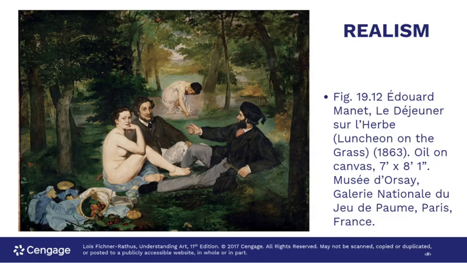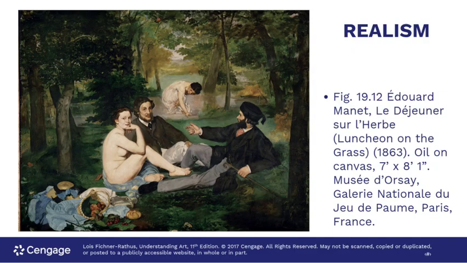And he also didn't model his figures with the traditional chiaroscuro, trying to do these subtle changes of value to show light and shadow to make them look three-dimensional. His pigments are kind of flatly applied, and so things look a little flatter. He's collapsing space a little bit and flattening things out.